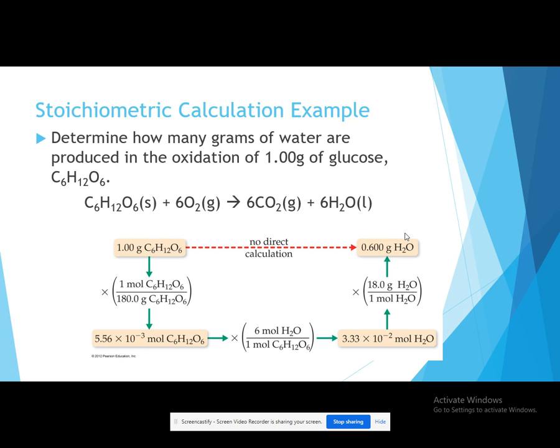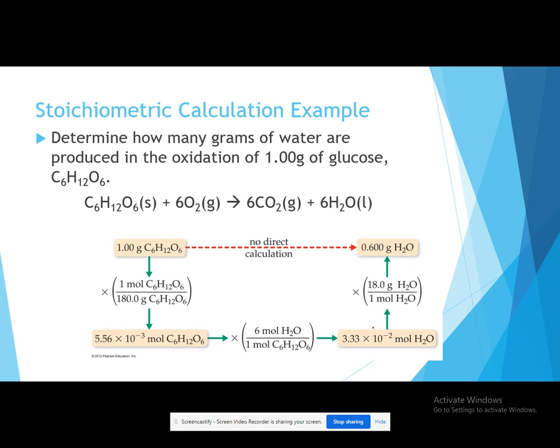Over here, this is a good practice problem that the book I teach you out of gives. It says determine how many grams of water are produced in the oxidation of 1 gram of glucose, and glucose is C6H12O6. Here's the balanced chemical equation that they give you. If you want to go from grams of glucose to grams of water, there is no direct calculation.